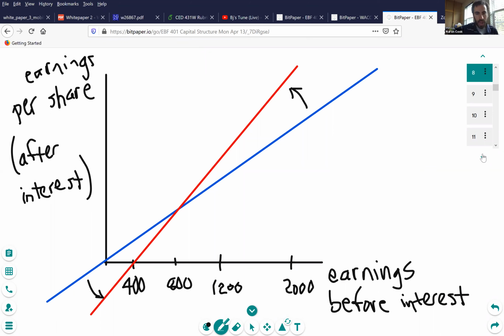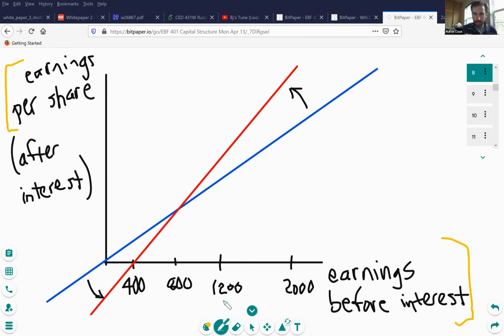So this is a graph that I had plotted before. This comes from plotting earnings per share on the y-axis, and earnings before interest on the x-axis.